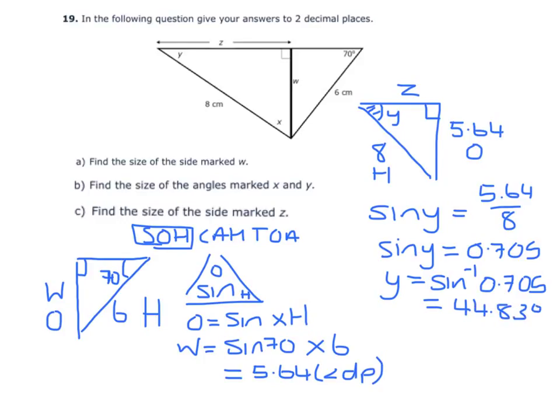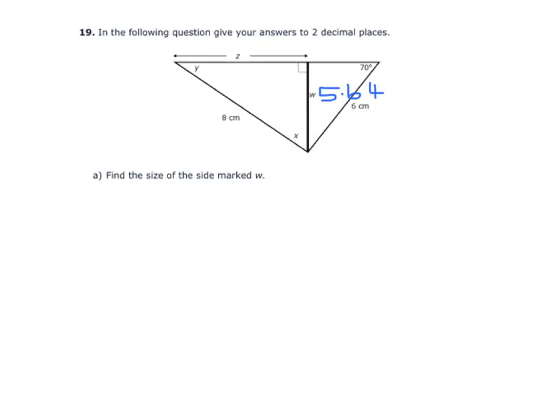So to work out X will be 180 minus 44.83 minus the right angle, the 90 degrees, and that gives us 45.17.